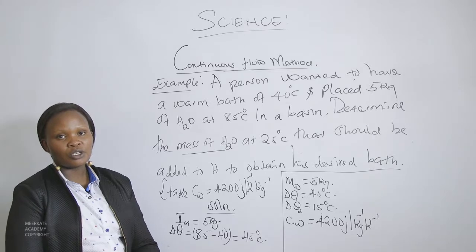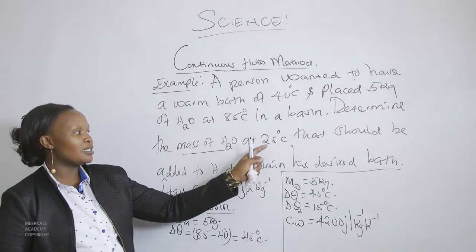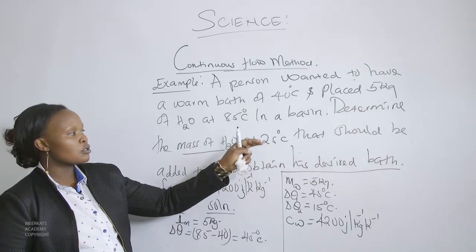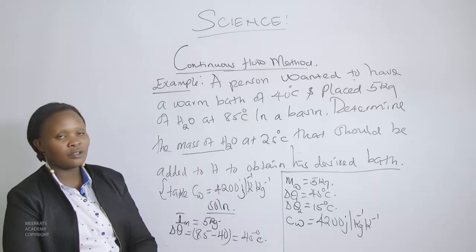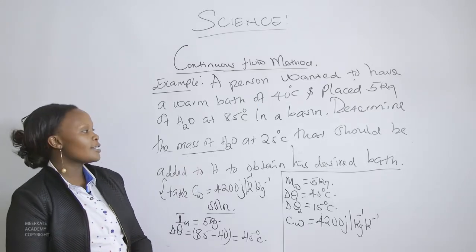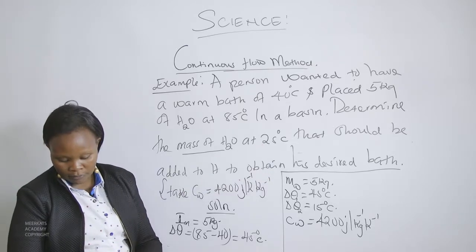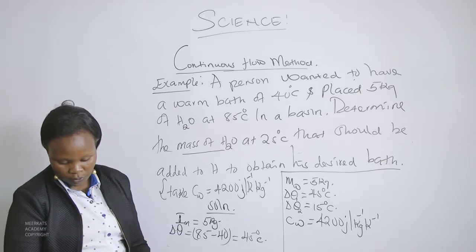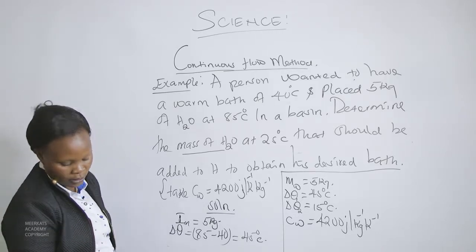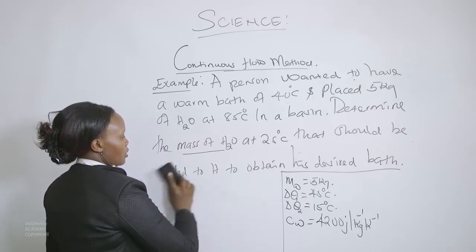So that means we should mix it with some other water at a slightly lower temperature, so that some heat is lost by our 5 kgs of water, and the same heat is gained by the final amount of water.